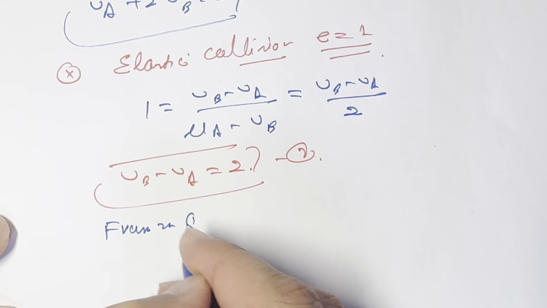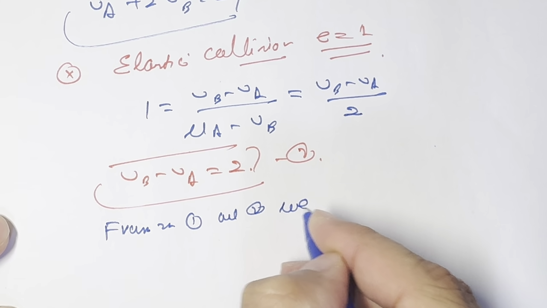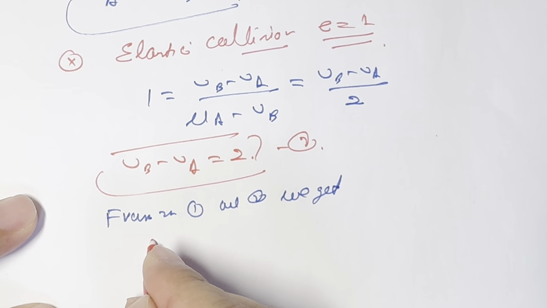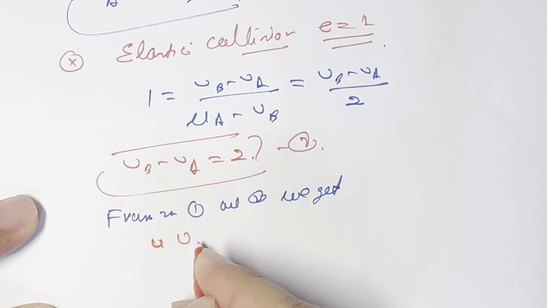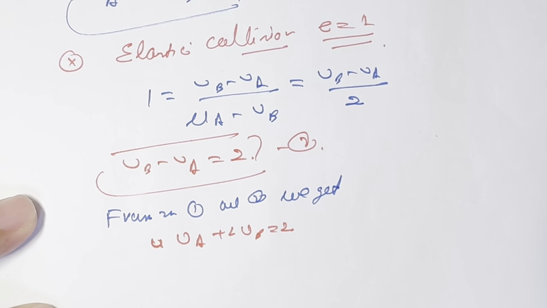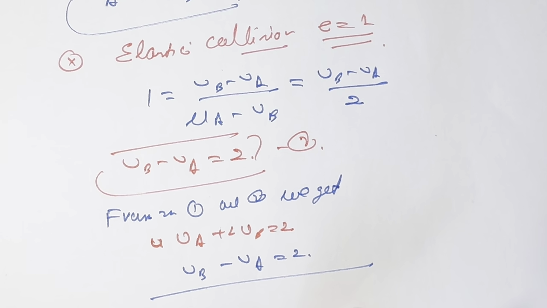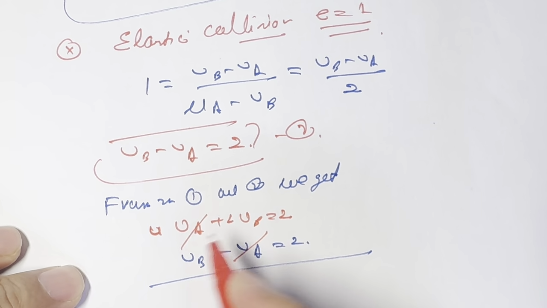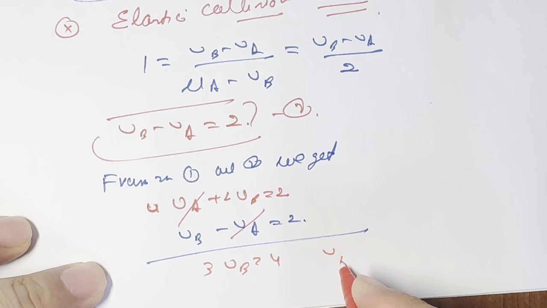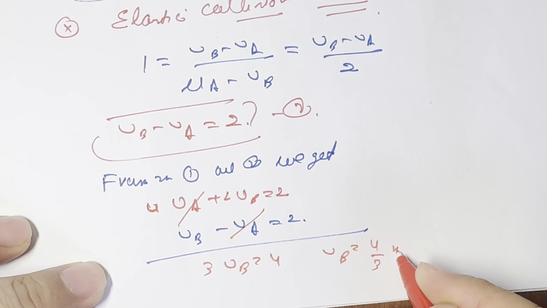From equation 1 and 2, we get: equation 1 was VA plus twice VB is equal to 2, and here we have VB minus VA is equal to 2. So if we add them, these two terms cancel out, we get 3VB is equal to 4, or VB is equal to 4 by 3 meter per second.